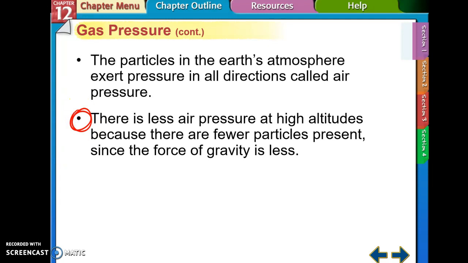And there are few particles present because the force of gravity is less. This is why you can cook something faster in Denver than you can in Nashville. Because when you cook something at altitude, it's going to take a different amount of time than it would when you're at sea level because there are fewer air molecules, and so you're going to have to work harder to make them heat up if you're in Denver, which is a mile above sea level.